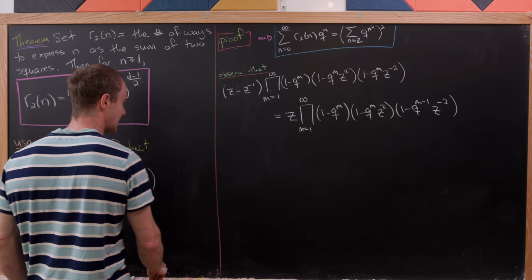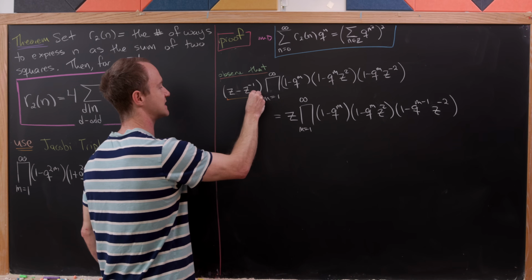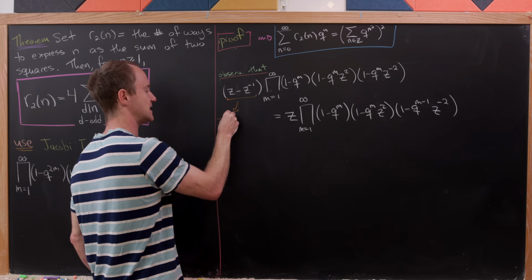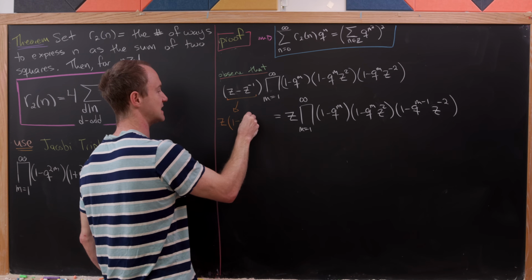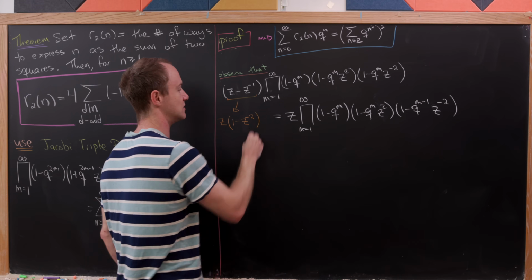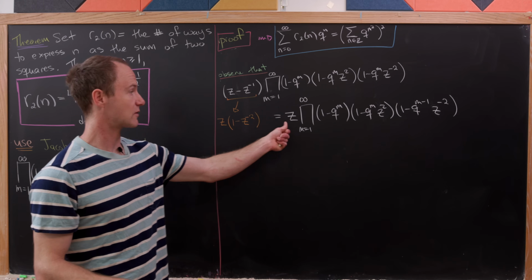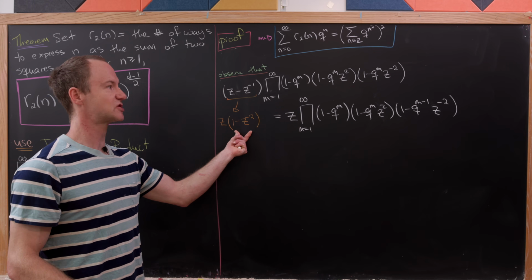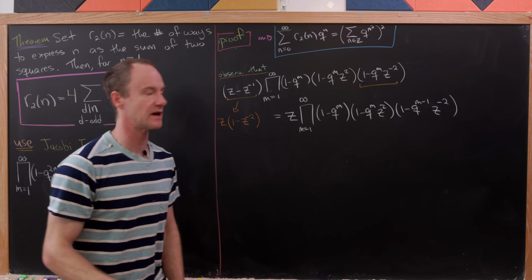And now just to sketch out how that's going, let's observe that this z minus z to the minus 1 can be written as z times the quantity 1 minus z to the minus 2. Now what we're doing is leaving this z out front, and we're taking this 1 minus z to the minus 2, and then we're going to include it with these terms over here.